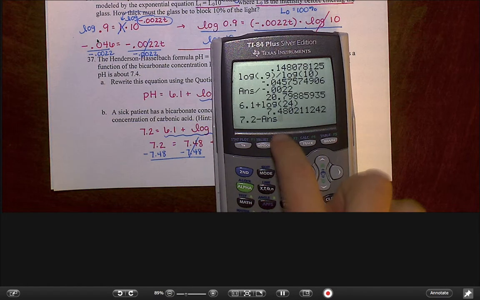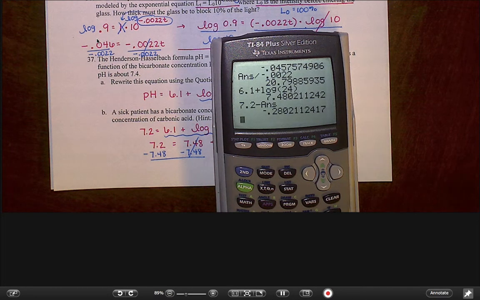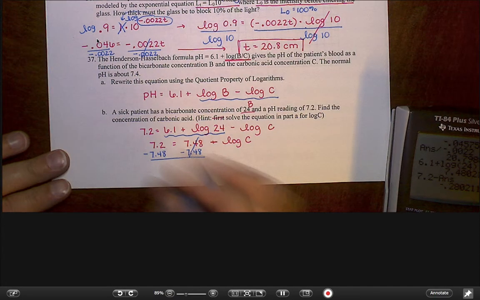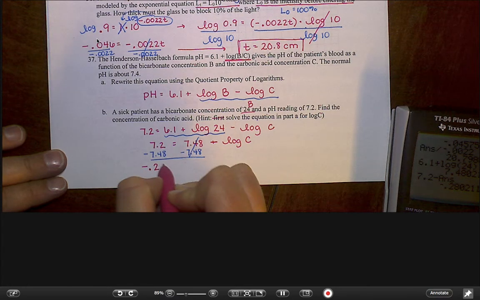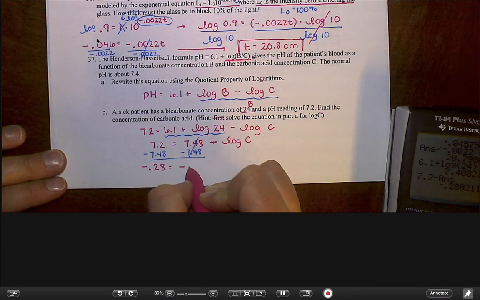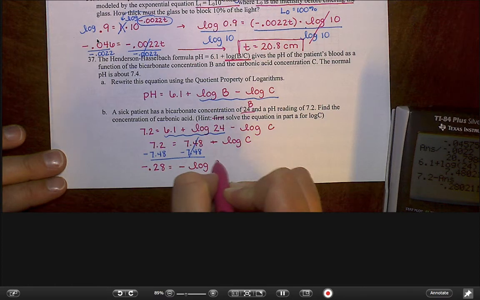That'll bring down the whole decimal, and then I get negative 0.28. And then that equals negative log C.